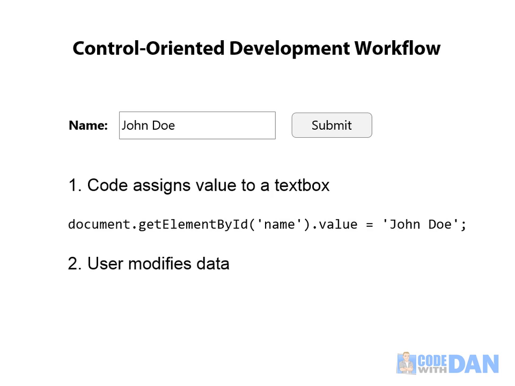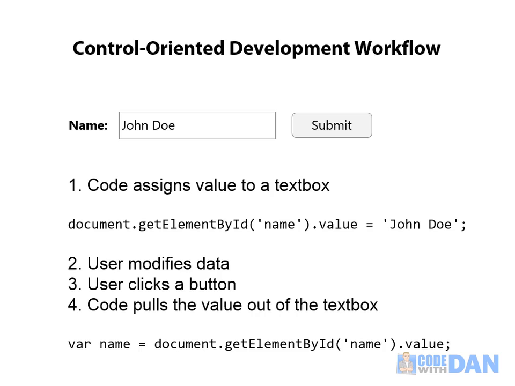The next piece is the user modifies the data, so they go in and change it to maybe Jane Doe. And they then click a button. Now we're going to have to handle the button click, of course, and you'll do that regardless of the framework. We need to know when they click something. But we also are going to have to write code again to actually extract the value out of that text box and then store it maybe in a property or variable.